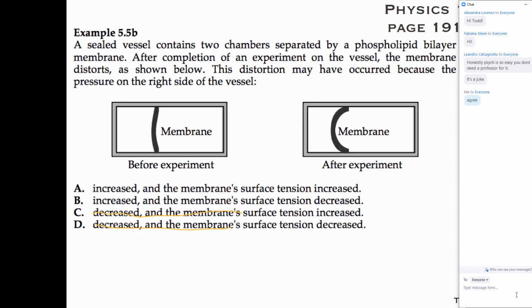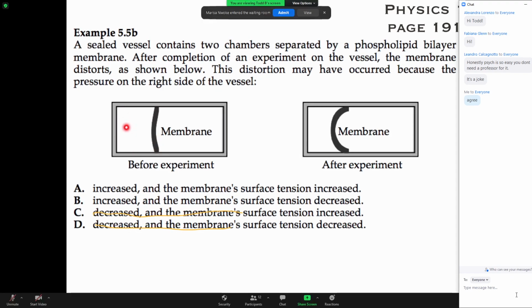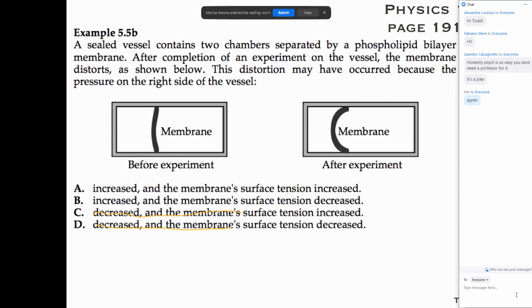What surface tension says is how tightly that band of molecules is held together, or how tightly molecules are here or here, whatever I'm looking at. But the key thing is, what would you say is true of any sort of membrane? The more you pull on it, are you making molecules closer together or further apart?